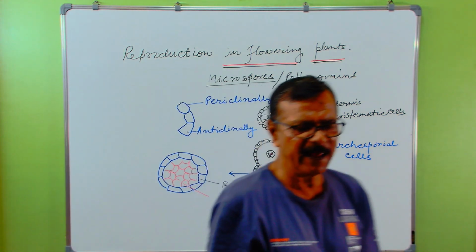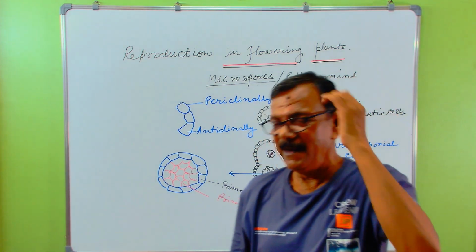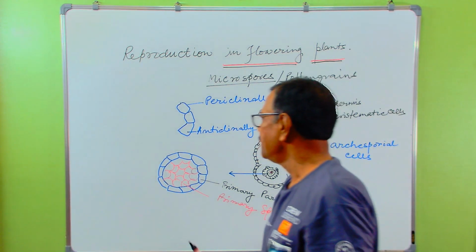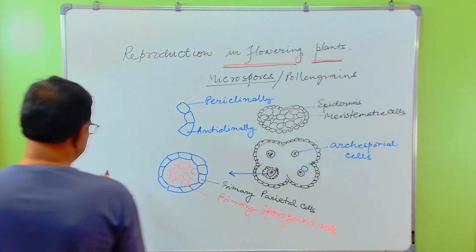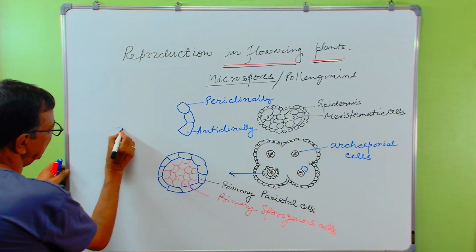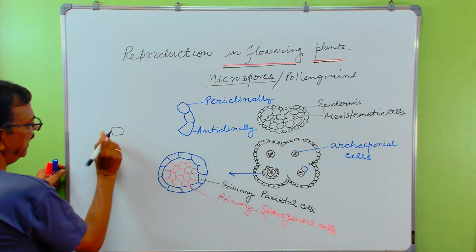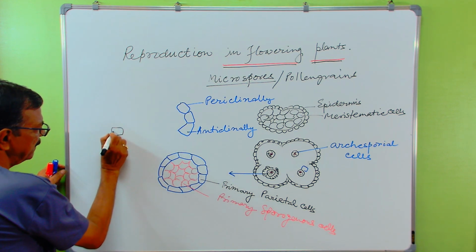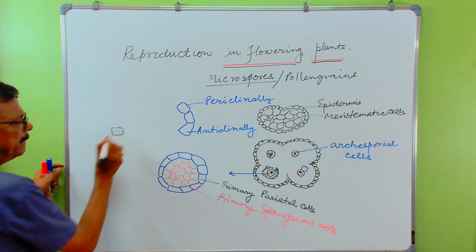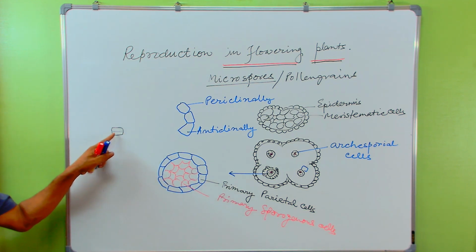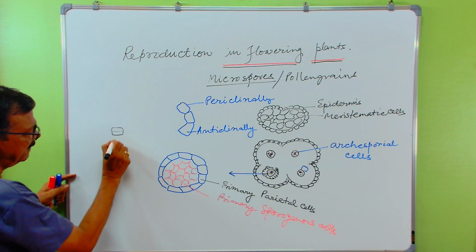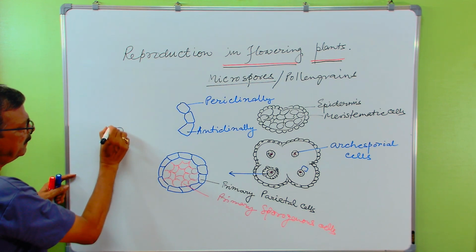What is periclinal and what is anticlinal? Let us go deeper. Periclinally, suppose this is a cell, it divides from here. So there will be one cell here, one cell here.